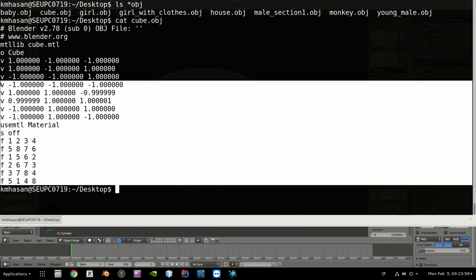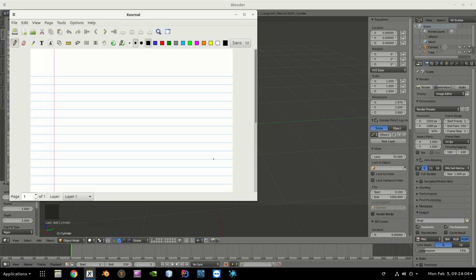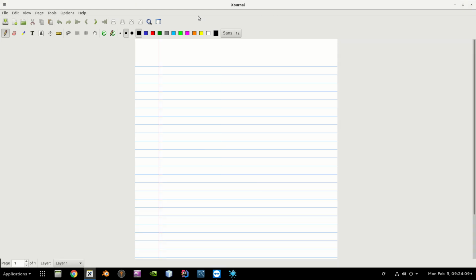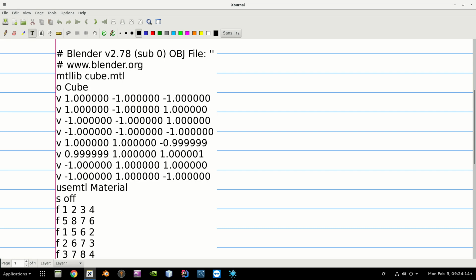So if I'm to copy this part, let me take this because I can't write over here. And let me open Journal or any other editor, and let me paste this thing over here.